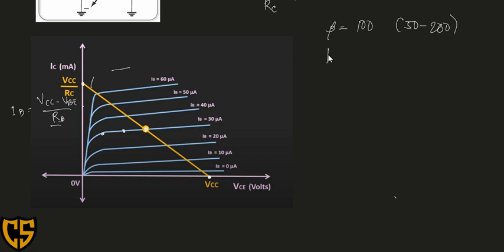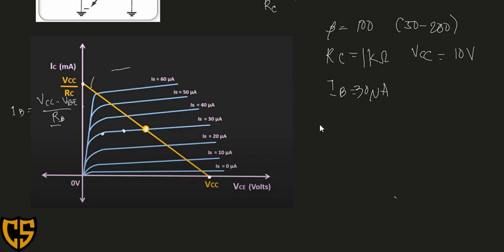Also, we will have the value of our RC, which is for example 1 kilo ohm, and the value of our VCC will be 10 volts. And assuming your VBE is not changing with temperature, considering for example your IB is 30 microamperes. So we are going to solve.